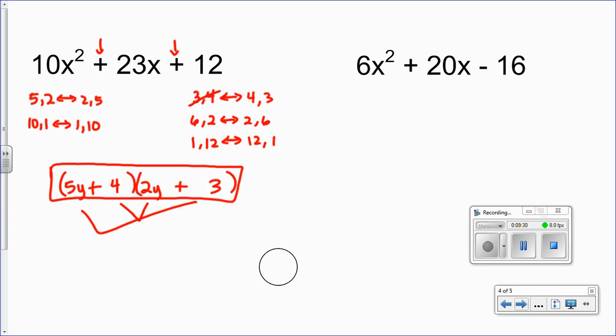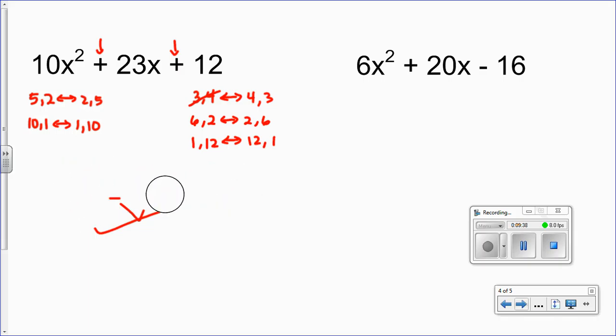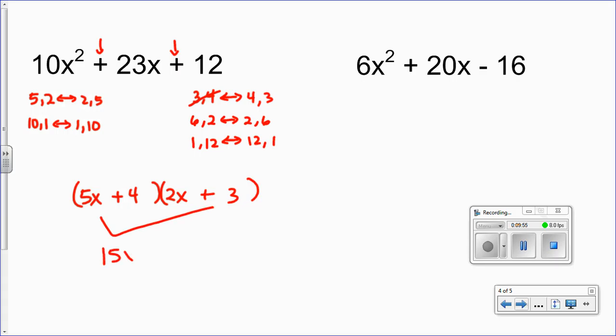So let me just rewrite that with x's. So 5x and 2x, and 4 and 3. So that gave us 15x plus 8x, which is 23x.